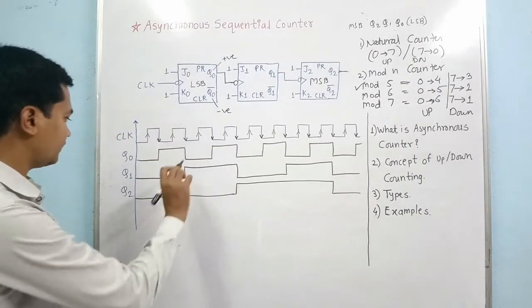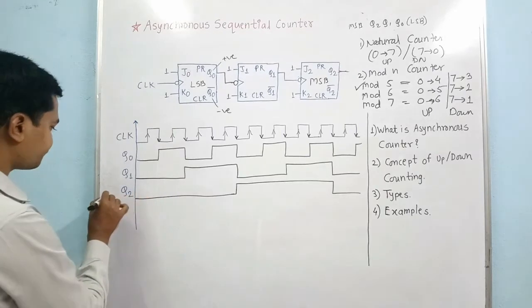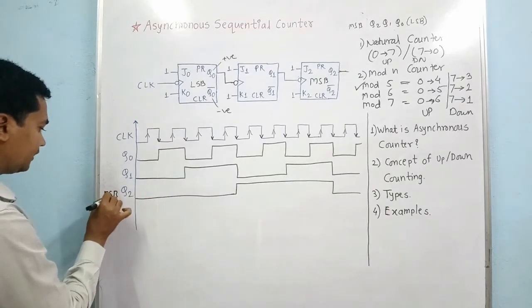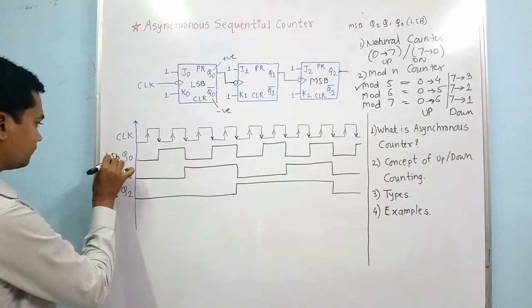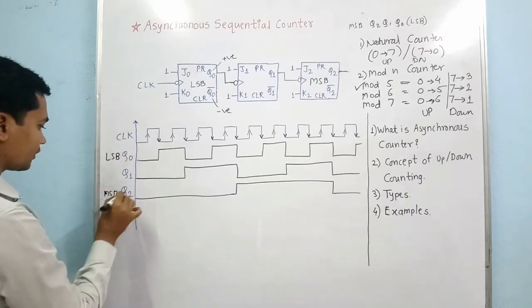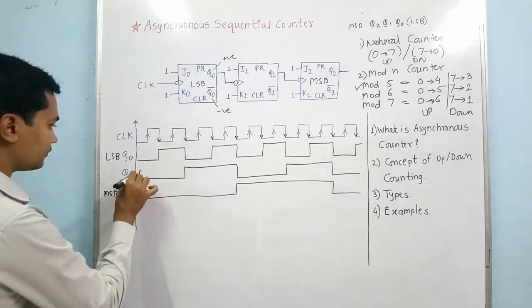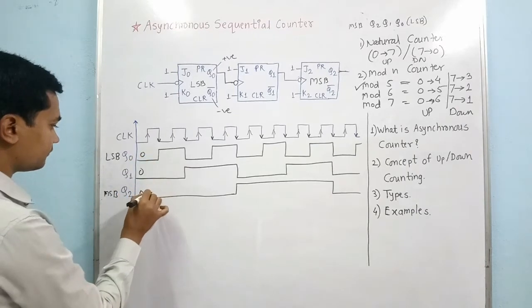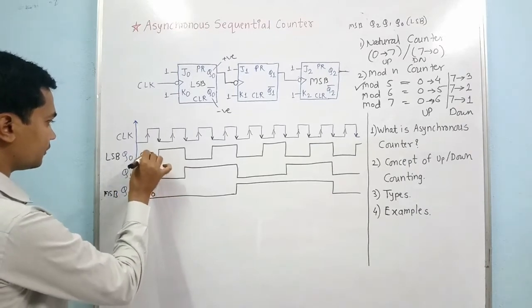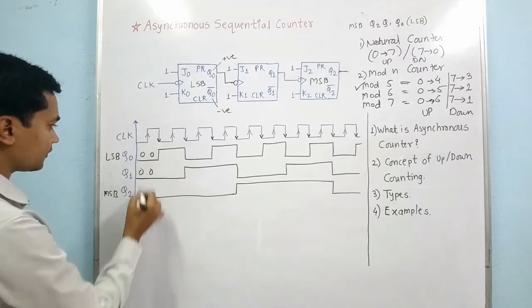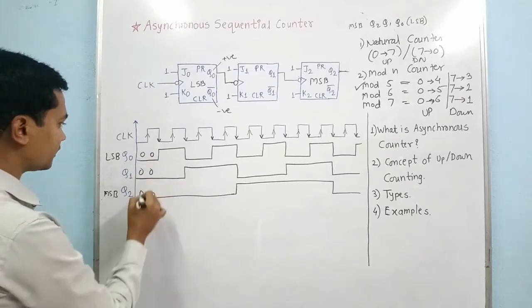Let us see, Q2 is the MSB and Q0 is the LSB. Is it right? So Q2, Q1, Q0 is 0, 0, 0. This 0, 0, 0 was the initial state, so we don't consider it.